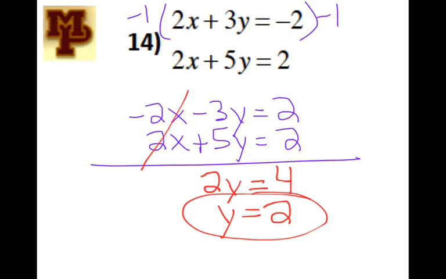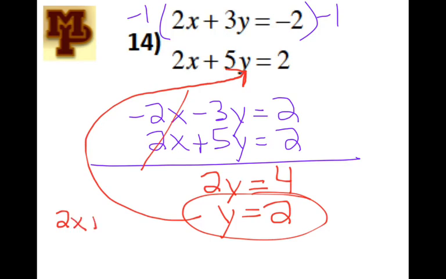We need to go somewhere to figure out what the x is. So we can go into any of these, but I'm going to just go into that bottom one there. So it's going to be 2x plus 5 times 2 equals 2.